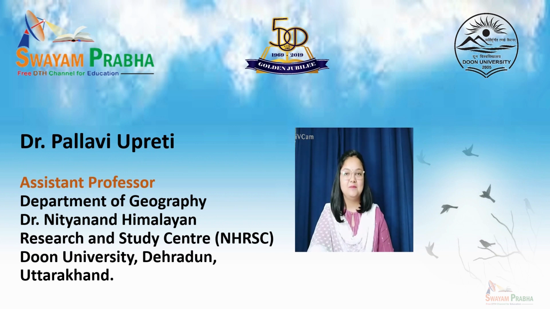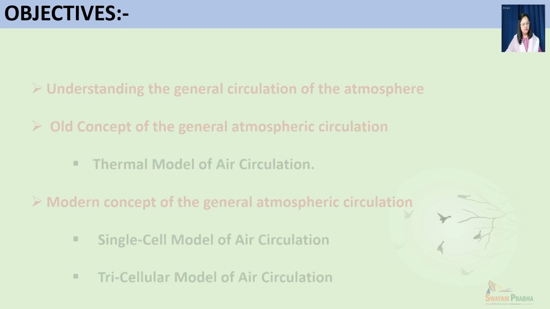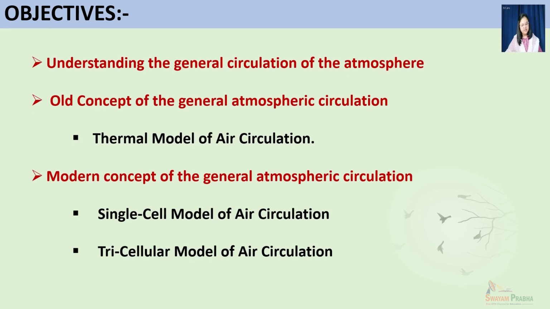So let's begin. The main objective of this particular video is to understand the general circulation of the atmosphere, which will include the old concept of general atmospheric circulation and thermal model of air circulation. Besides that, we will also discuss modern concept of general atmospheric circulation, which will include the single cell model of atmospheric circulation and tricellular model of atmospheric circulation.